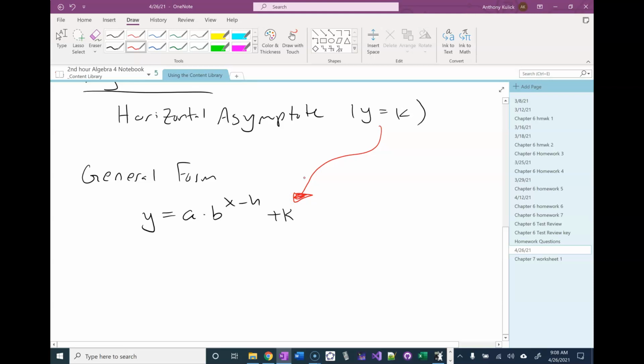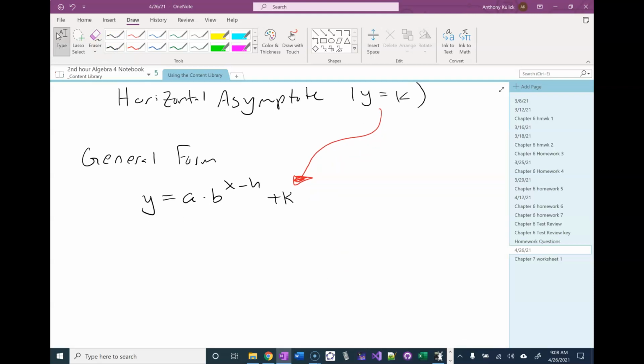What happens if there's no k? What would the horizontal asymptote be? Just 0, right? y equals 0. Not a big deal. It's the x-axis, right? Okay. So that's the general form.